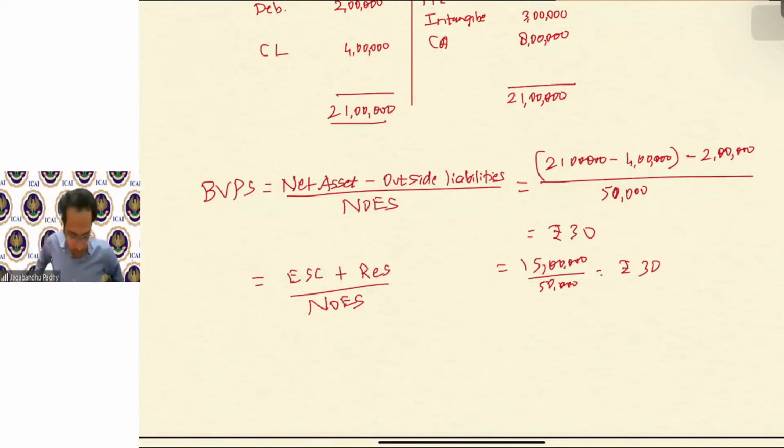So equity share capital plus reserves divided by number of equity shares gives us a book value of rupees 30. It means based on the value of the assets in the books of accounts of the company, each share is worth rupees 30.